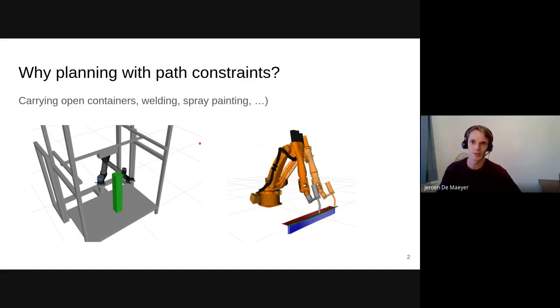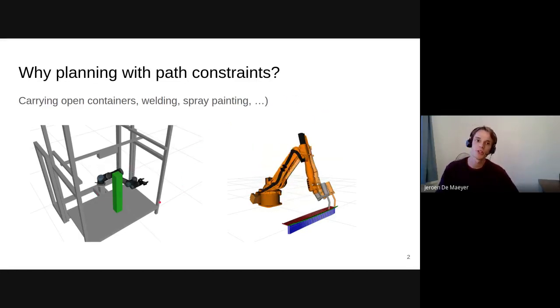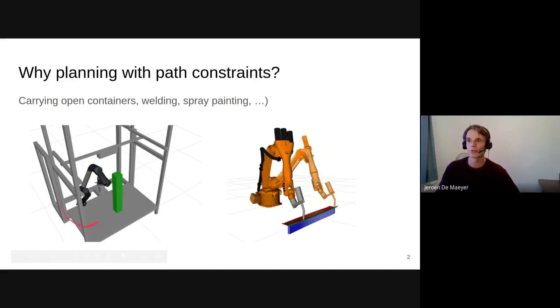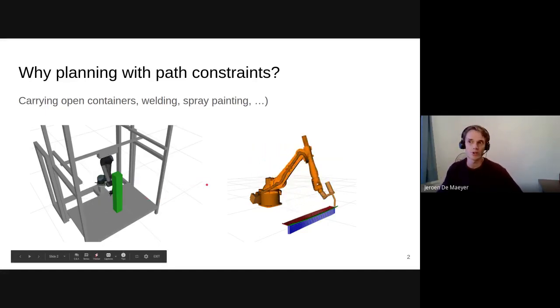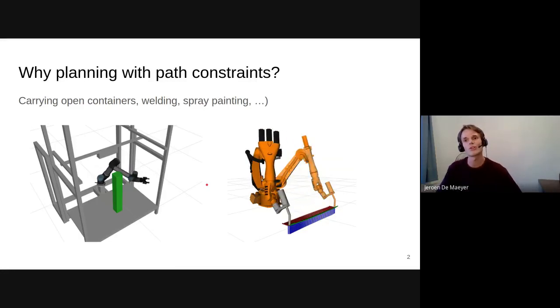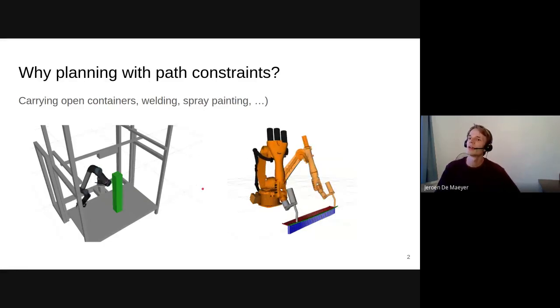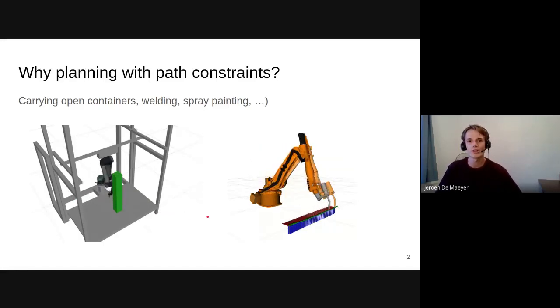It's maybe clear to almost everyone, but there are some example problems here that we would like to solve. On the left is a typical problem in almost every paper: if you want to move a glass of water and keep it upright, there are orientation constraints on the end effector, on the gripper in this case.